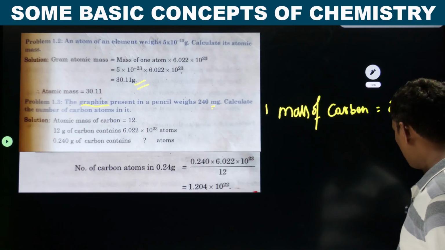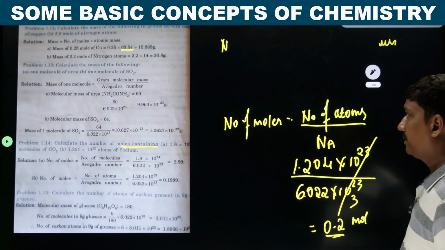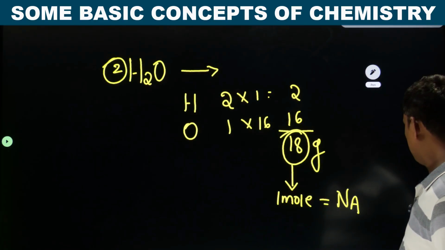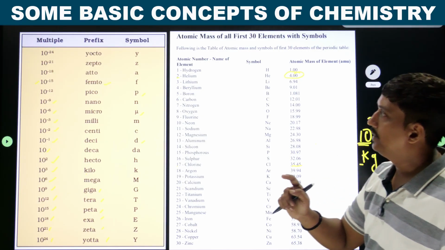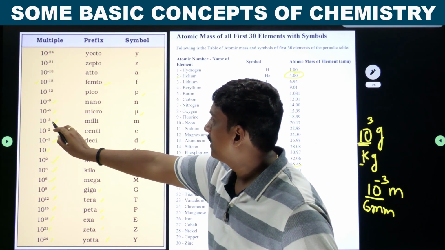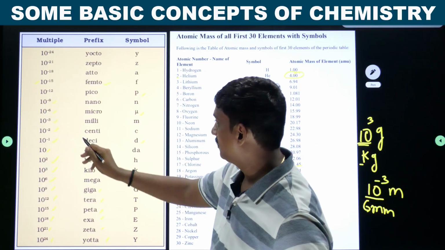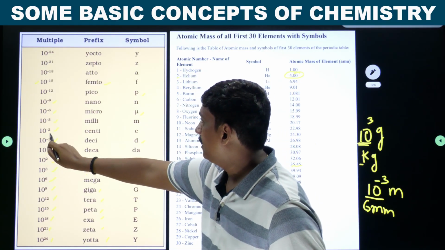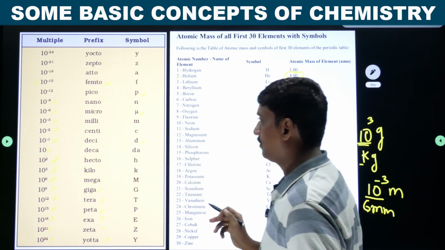So, let us go to the first chart. See here, milli. Where do you find milli? 10 to the power minus 3. 10 to the power minus 3 is milligrams.